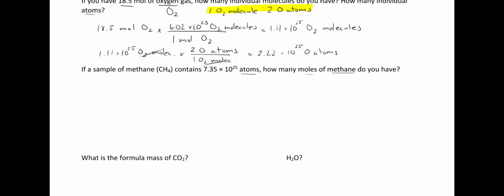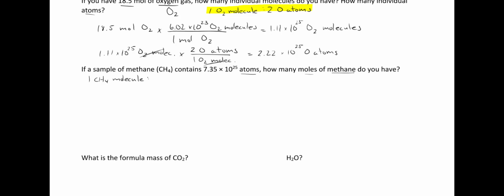So here we're talking about atoms, and here we want moles of methane. Well, in CH4, we know that for every one CH4 molecule, how many atoms are there?